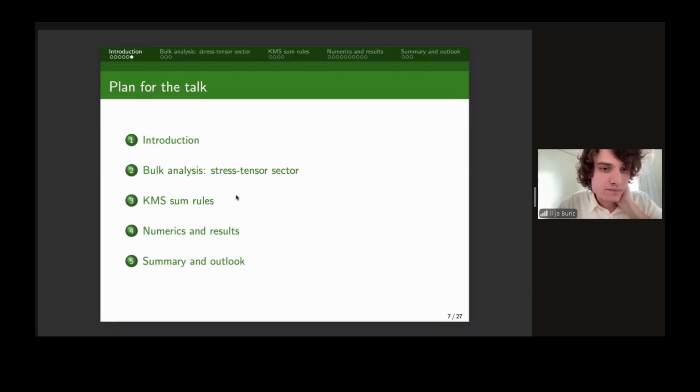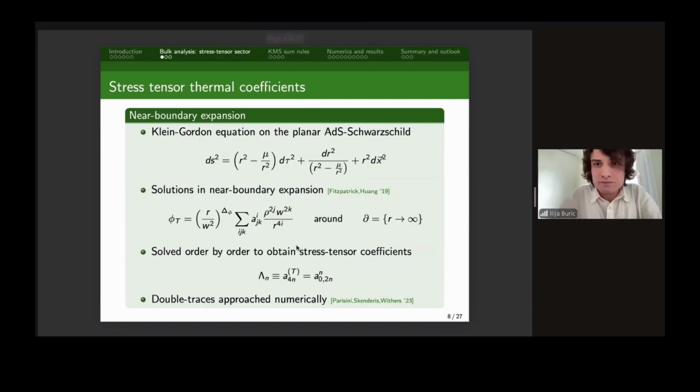And then I will turn to the double trace sector and discuss first the general way how they're obtained, and then the concrete implementation, including numerics that we used in this paper. And I will conclude with some open questions and perspectives. Okay, so of course, if you have any questions, just interrupt me.